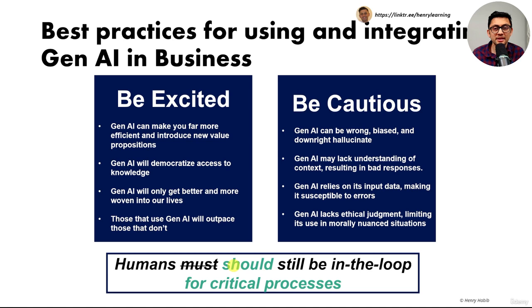So it's still my opinion that for critical processes, you want to use it as a tool, not to replace an existing process outright. So humans should still be in the loop for critical processes. For non-critical processes, those are the ones that are definitely prime for Gen AI to take over and be more efficient. Okay, so that's a quick primer on Gen AI.